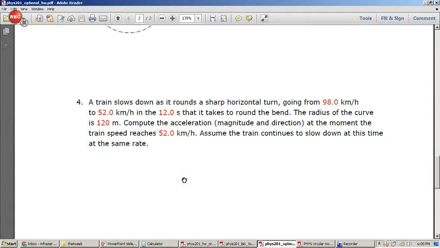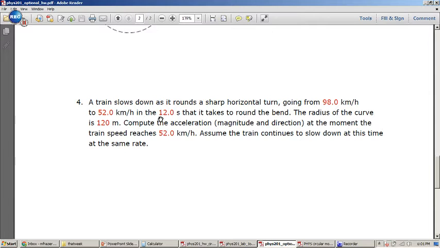So for number 4, you're going to have to get the tangential acceleration from the fact that it slows down. You have a speed in kilometers per hour, but it goes to a different kilometers per hour. So you have to do unit conversions to meters per second as well. Do the unit conversions, and then you have that it changes speed over time.